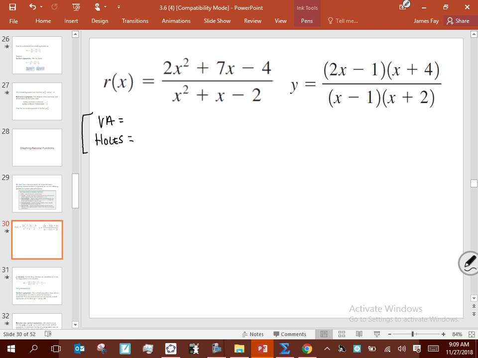And really, you want to look for holes first, and I'll talk about that in the next couple examples. This one doesn't have holes, but we're still going to write the concept down. The next thing I want to do is find the horizontal asymptote, okay?